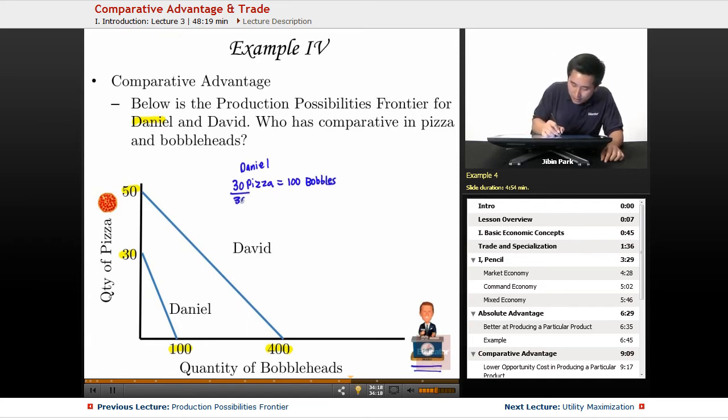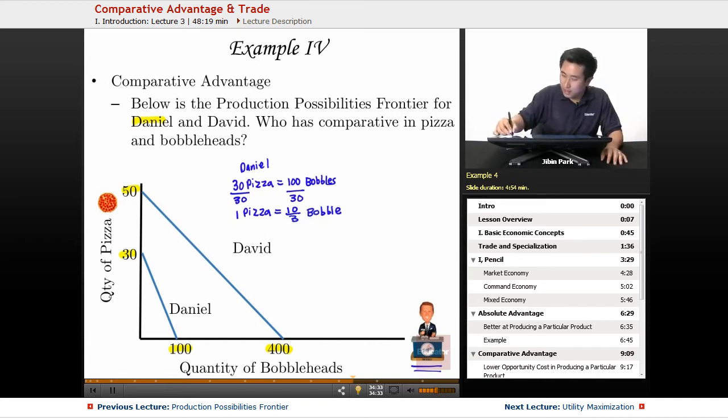Divided by 30, you have one pizza equals 100 over 30 bobbleheads. So that would be 10 over 3 bobbles, which is a shortened way of saying bobbleheads here. And one bobble equals the reciprocal of this, 3 over 10 pizzas.